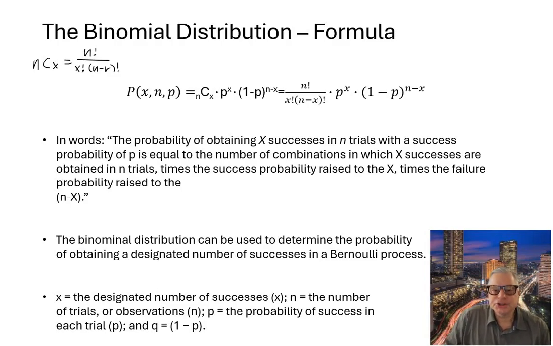So let's just start with a very simple example that we basically can prove by pure logic. Let's say I flip a coin 3 times. So, example, 3 coin flips.